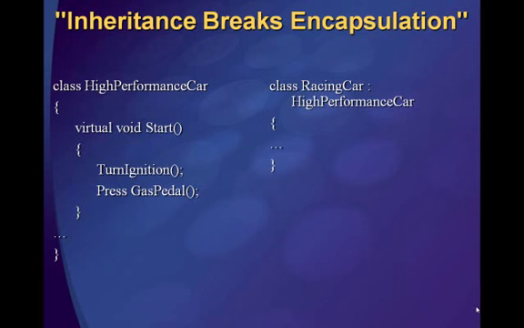To answer these questions and other similar questions, we need to know the details of the implementation of the start method in the base class. Hence, the famous phrase, inheritance breaks encapsulation. Because without knowing the details of what the base class does, you cannot decide how to override a method.